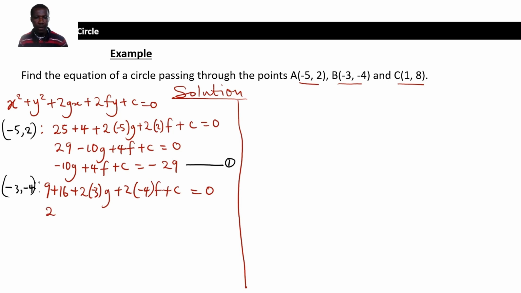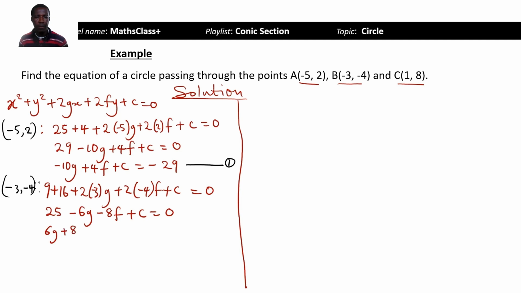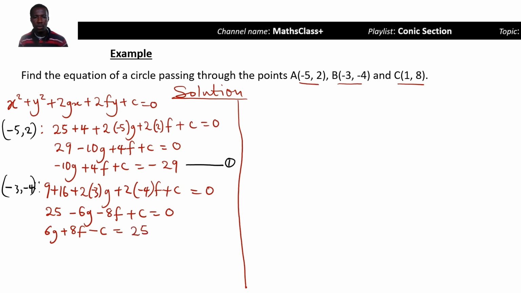So we have 25 minus 6g minus 8f plus c is equal to 0. I can also rewrite this as 6g plus 8f minus c is equal to 25. And that will be my equation 2.